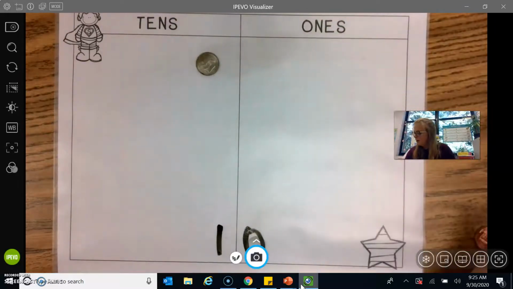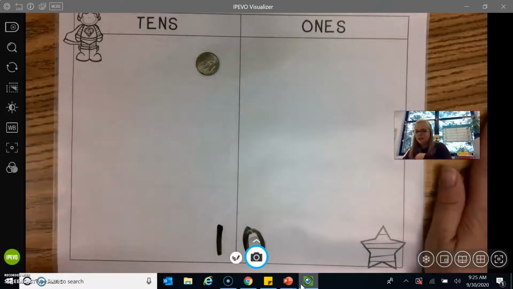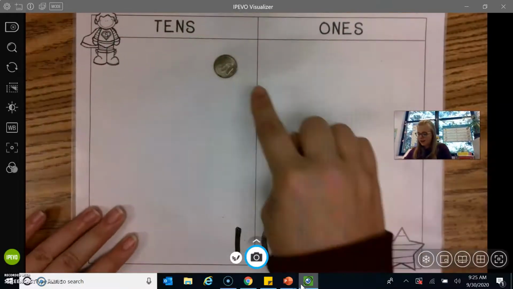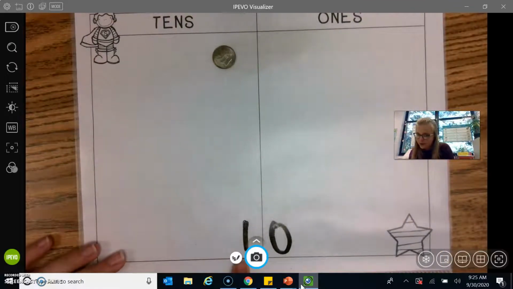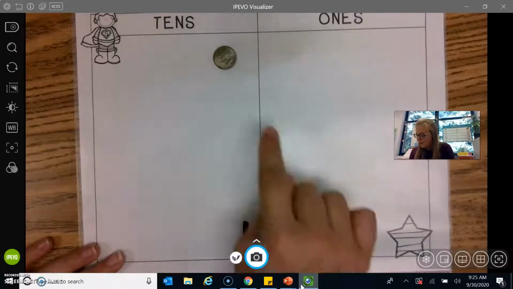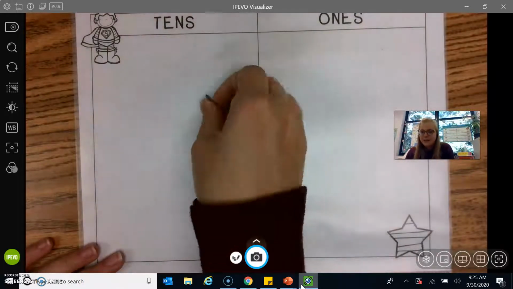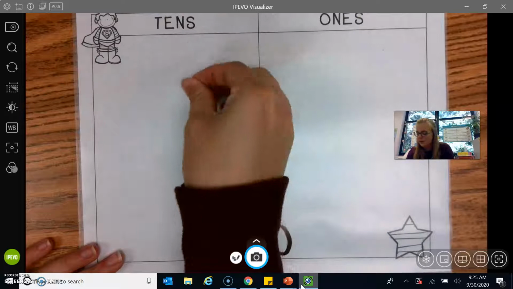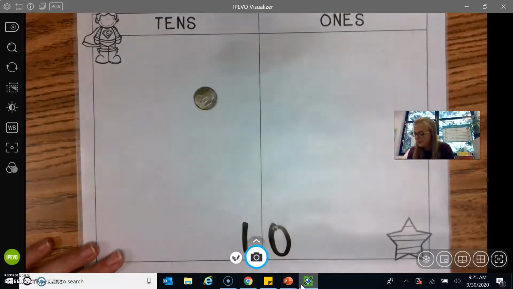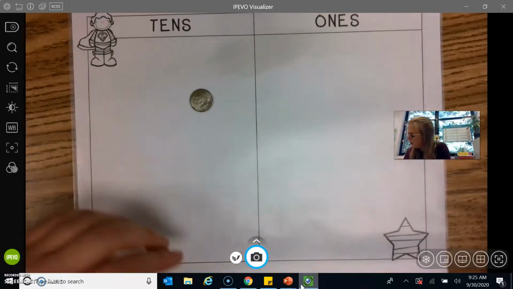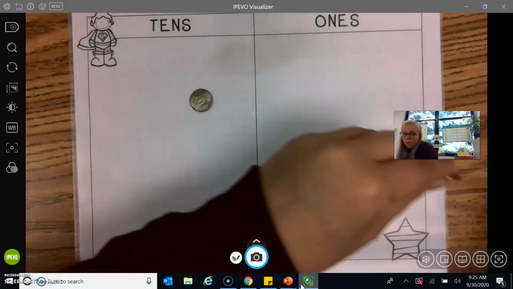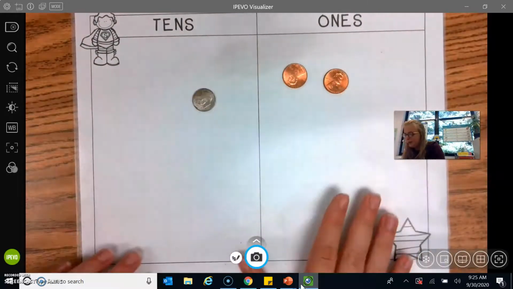So my 10 pennies became 1 dime, because now I'm at 10 cents. And if I look at the number 10, 10 is one group of 10 and 0 ones. So that's one group of 10 as my dime and 0 ones, so this is 10. What if I keep my group of 10 and now I have 2 pennies?